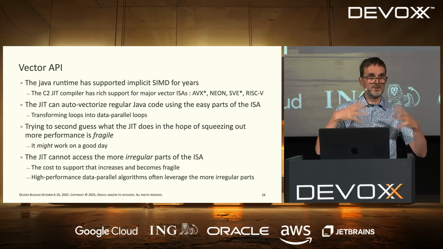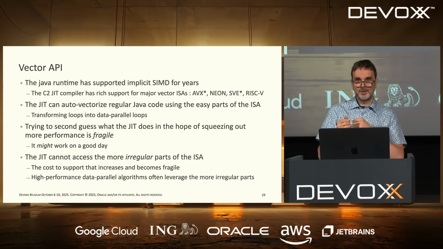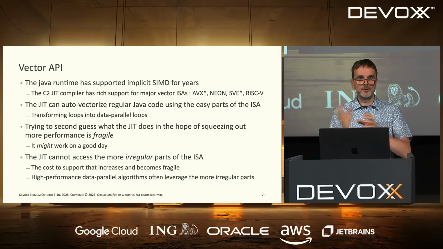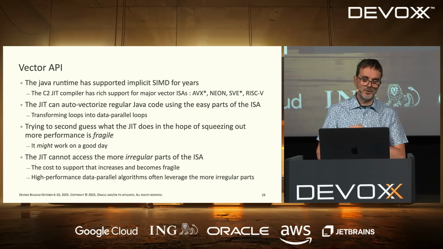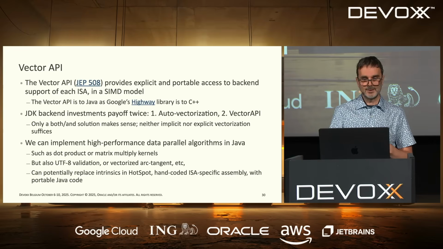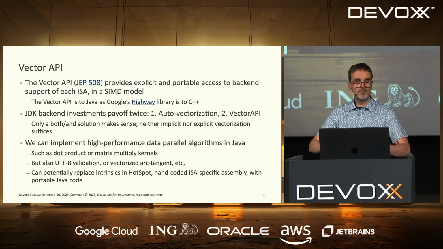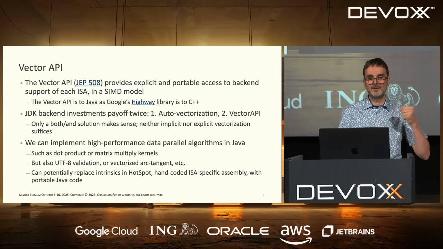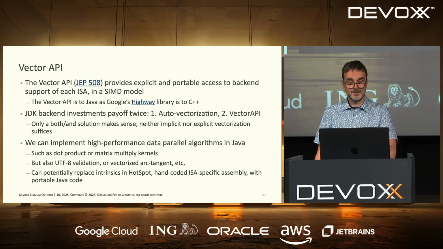But a lot of high-performance data algorithms will often leverage permutations or shuffles, fused multiply-adds, and so forth. We want to access those. So the Vector API provides explicit portable access to the back end of each ISA in an explicit SIMD model.